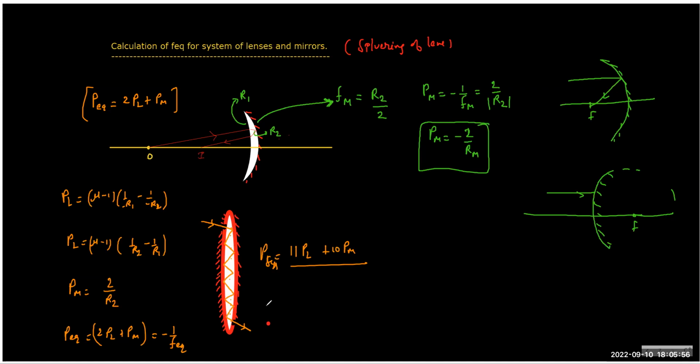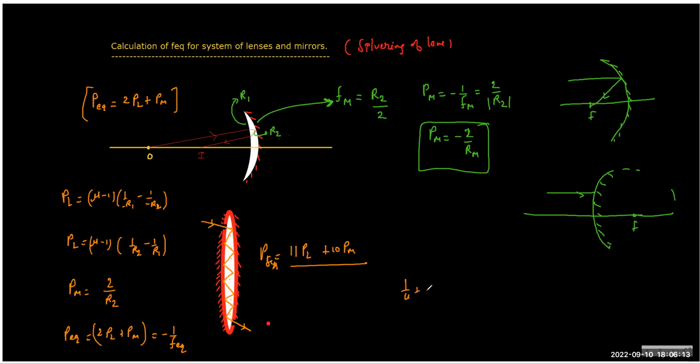So to solve a question, you first find the F equivalent, and once you have the answer, the next step is simple. Use the mirror formula. Why? Because you got the equivalent mirror.